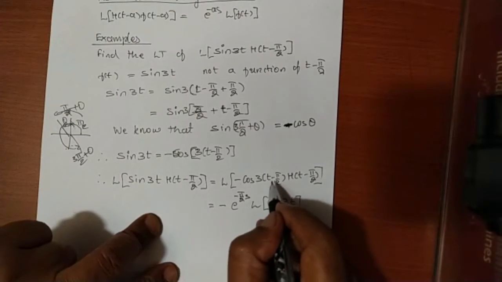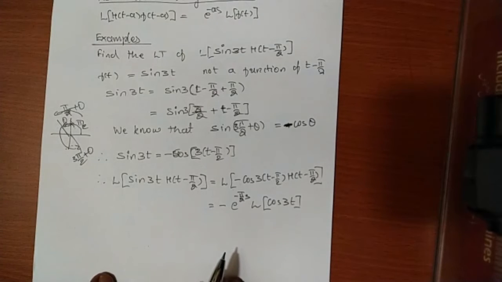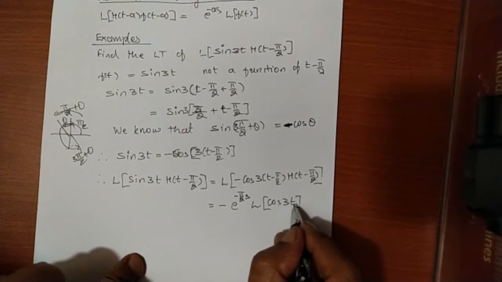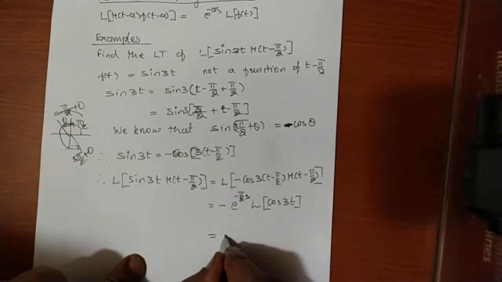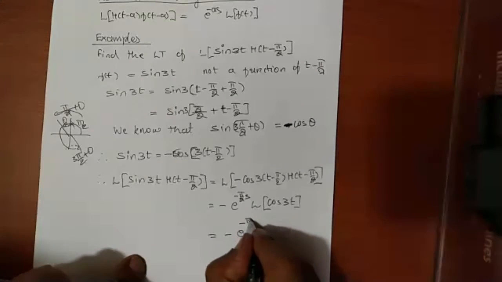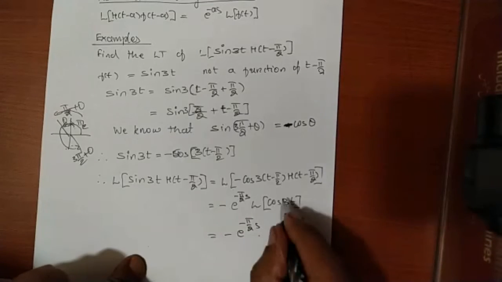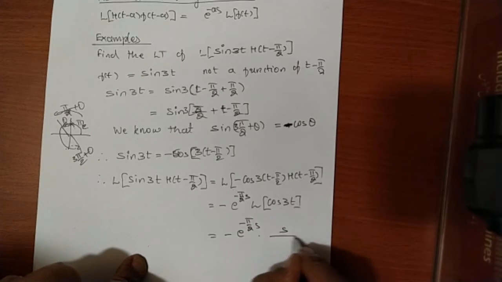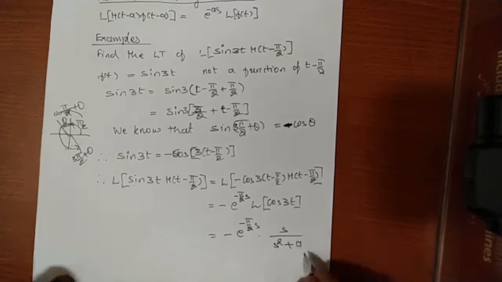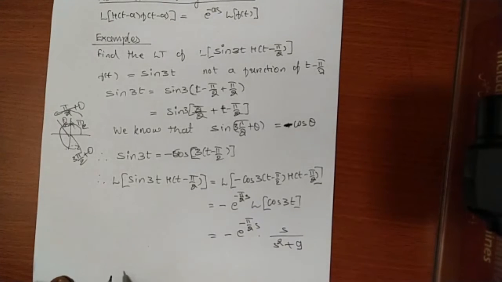What I should do is replace t minus pi by 2 by t. So this will be equal to minus e power minus pi by 2 times s into L of cos 3t, which is s over s squared plus 3 squared, so that is 9.